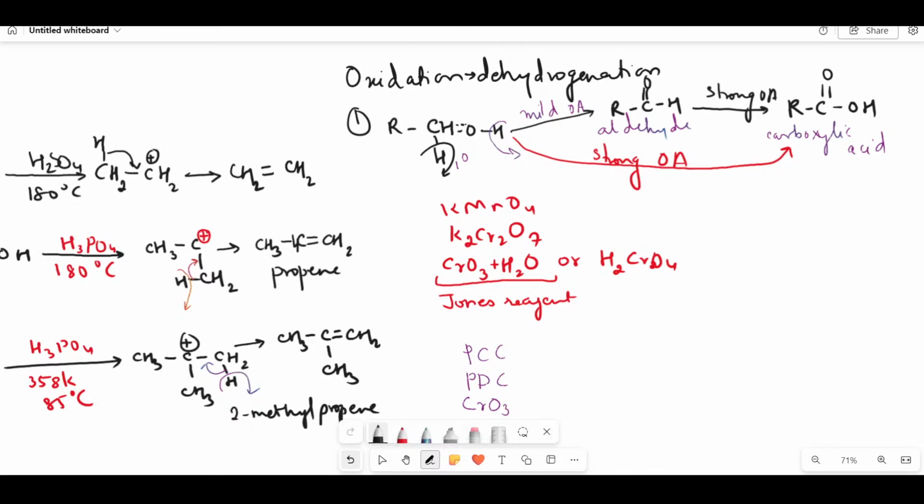Now let us see oxidation by copper. Oxidation by copper will take place at the same temperature, but all the three alcohols will behave differently.